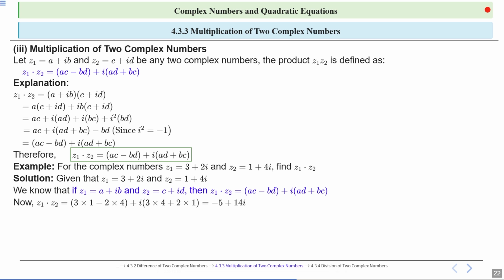Now let's substitute the values. We get z1 times z2 equals 3 times 1 minus 2 times 4 plus iota times 3 times 4 plus 2 times 1 equals minus 5 plus 14 times iota. Therefore, z1 times z2 equals minus 5 plus 14 times iota.